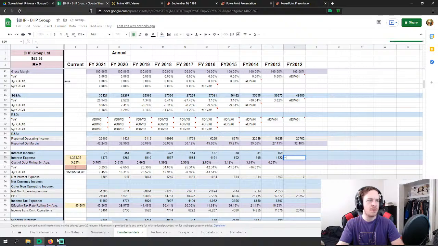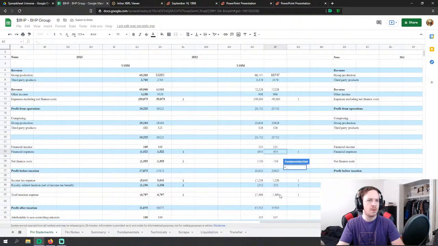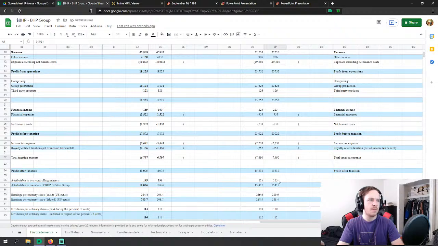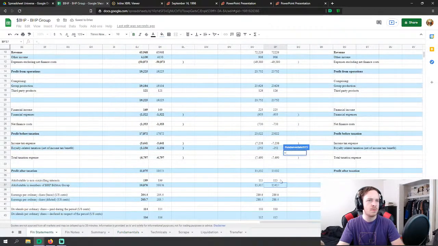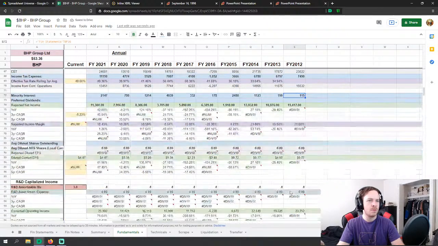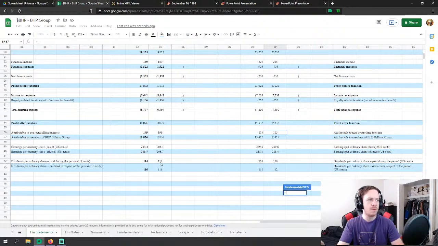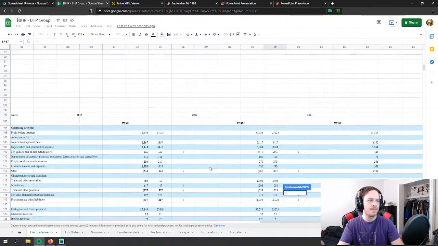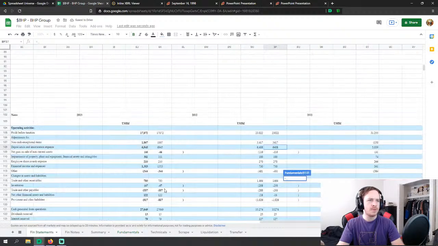Financial income, financial expenses, taxes, interest. Depreciation, disposal of assets.